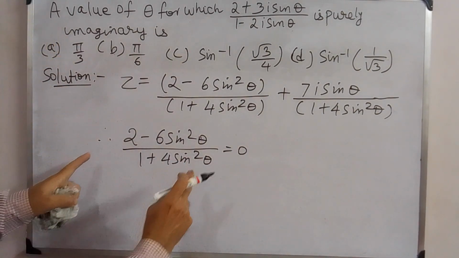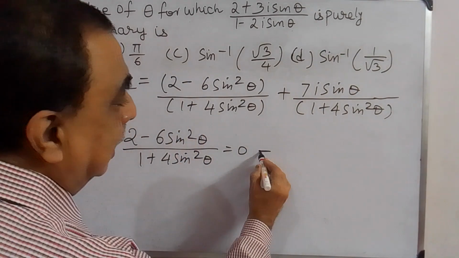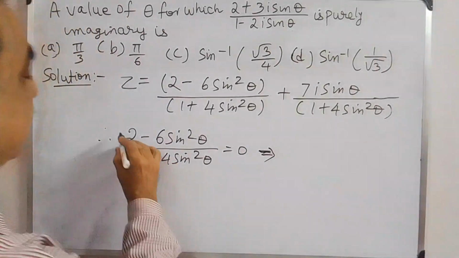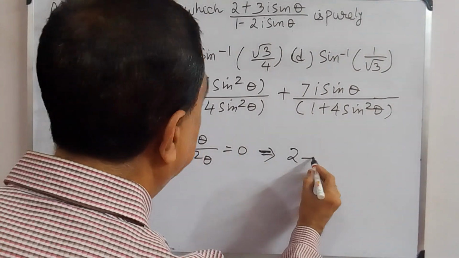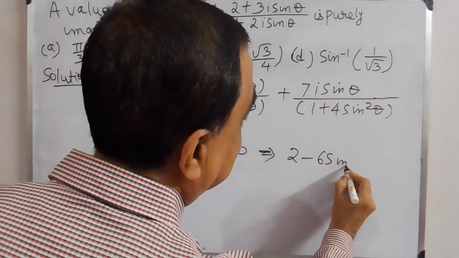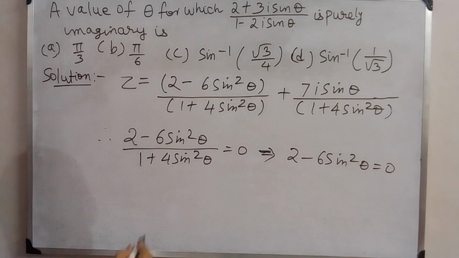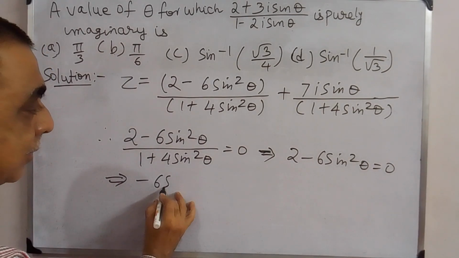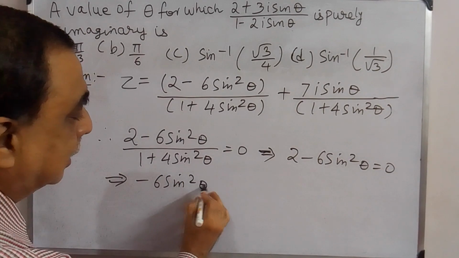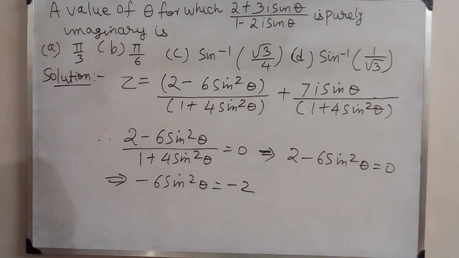Now if any fraction's value is 0, the numerator should be 0. So the numerator we will equate to 0. This will become 2 − 6 sin squared theta = 0. Now from here we get −6 sin squared theta = −2, carrying that side. Minus and minus cancel from both sides, so 6 sin squared theta is 2.